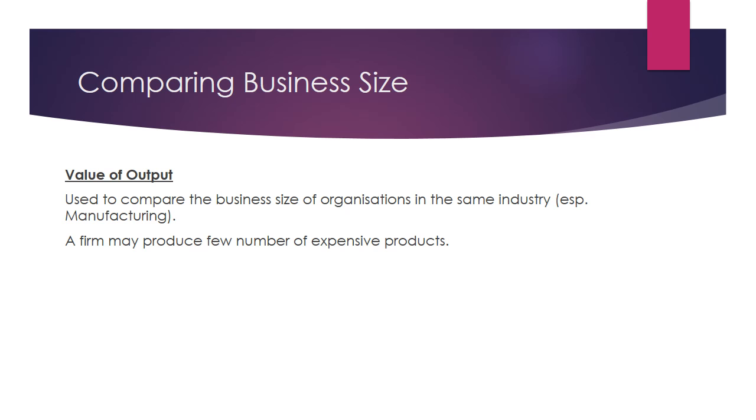So in the automotive industry you have luxury brands that produce very small units, but their values are really high compared to the other big manufacturer of cars, that produce low cost cheap cars that are being sold to the larger public. So you need to think carefully when you're determining your size of business by using one yardstick.